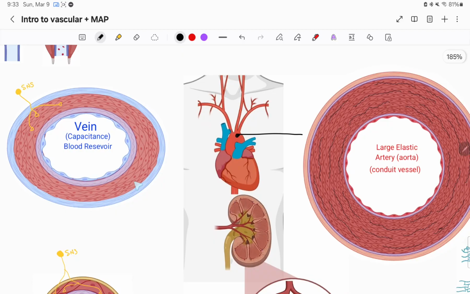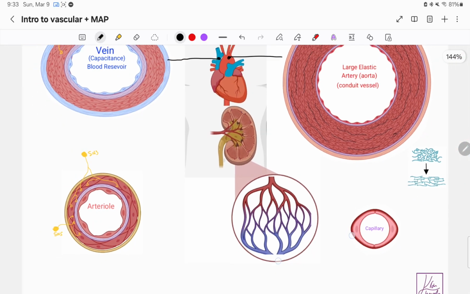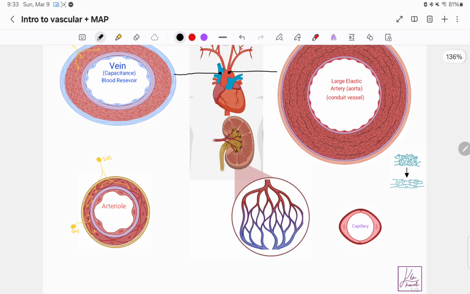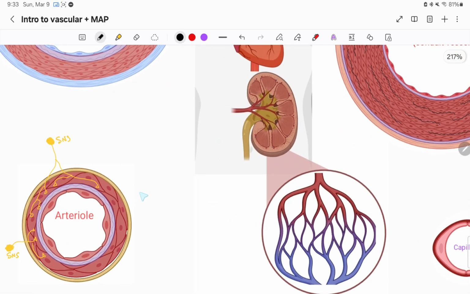What's a good example of a vein? Well, a good example of this specific vein would be, for example, the inferior or superior vena cava. In this case, the superior vena cava. What about an arteriole? Well, the arteriole, remember, is the one that is actually entering the tissue. So we can say that this one right over here is the arteriole. And actually, all of these are arterioles, and depending on the level they could be distal or proximal arterioles, it doesn't matter.